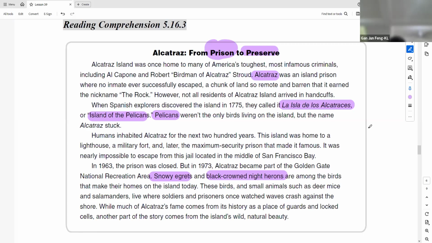However, not all residents of Alcatraz Island arrived in handcuffs. When Spanish explorers discovered the island in 1775, they called it La Isla de los Alcatrazes of Island or Island of the Pelicans. Pelicans weren't the only birds living on the island, but the name Alcatraz stuck.